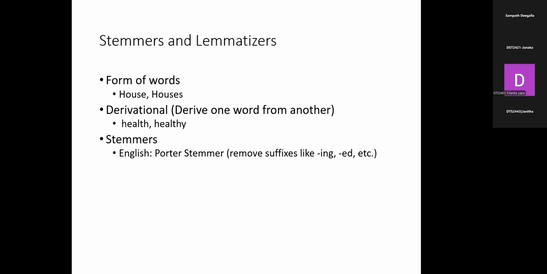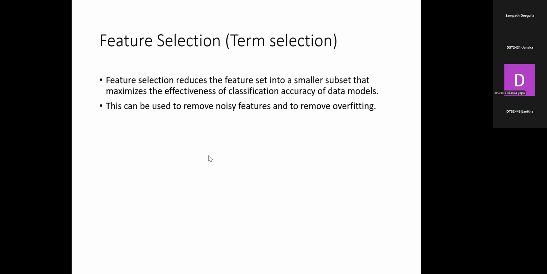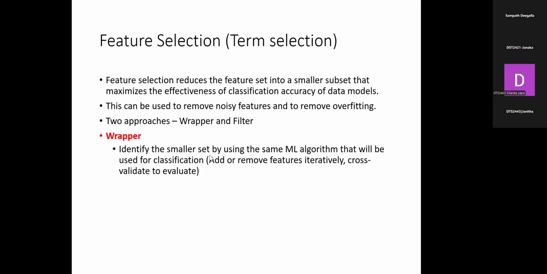There's another thing that I would like to discuss. First of all, a lot of words are there. So if you are planning to use text data, you have to select which terms are very, very important. We call this term selection, or feature selection, right? There are two ways that you can do it. One is what we call a wrapper. That means you can use a machine learning algorithm to select the best set of attributes.